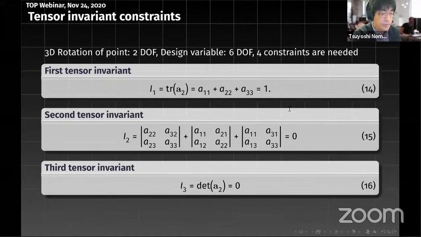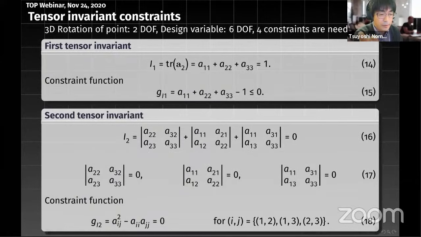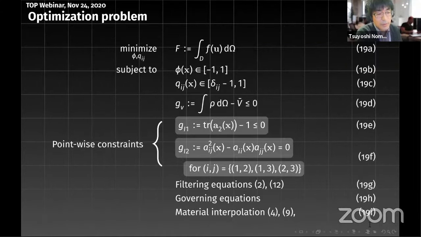That is a tricky part of this method, but anyhow, we can simplify this constraint as shown in equation 15 and equation 18, and this is the formulation. This is a very simple stiffness maximization formulation.